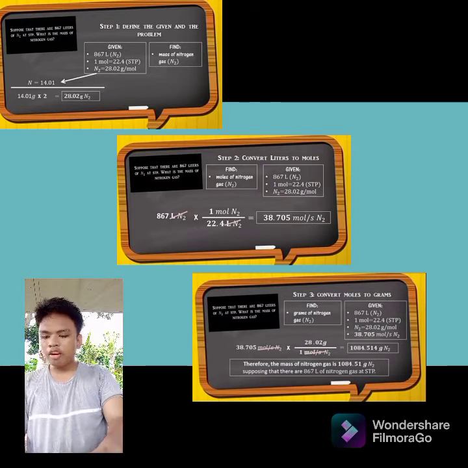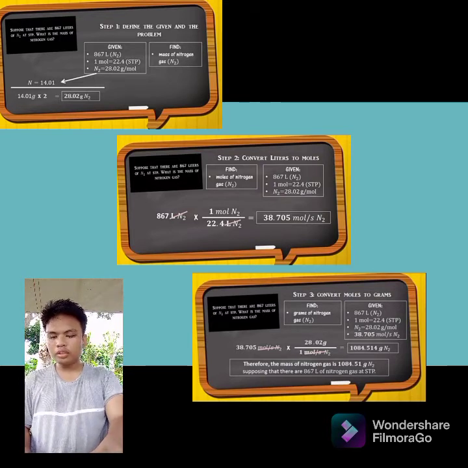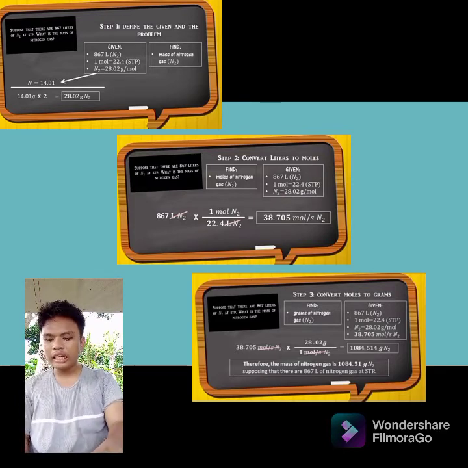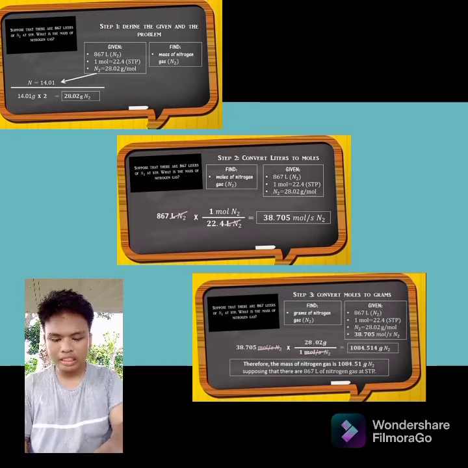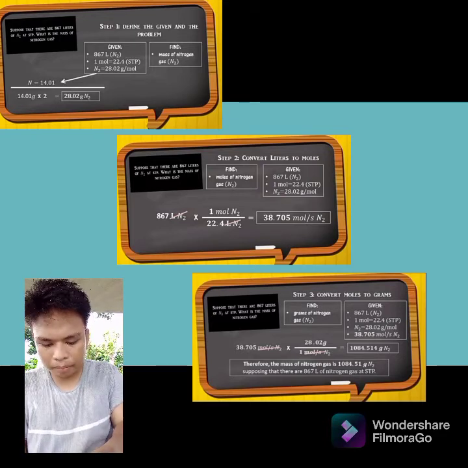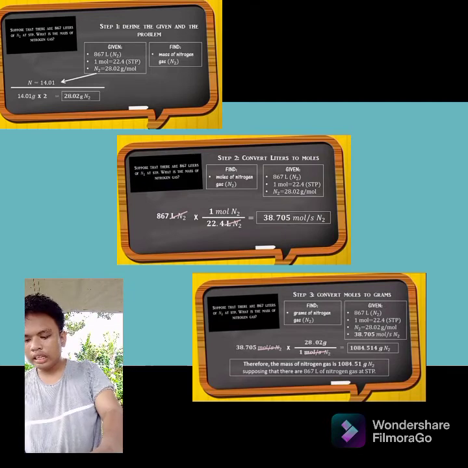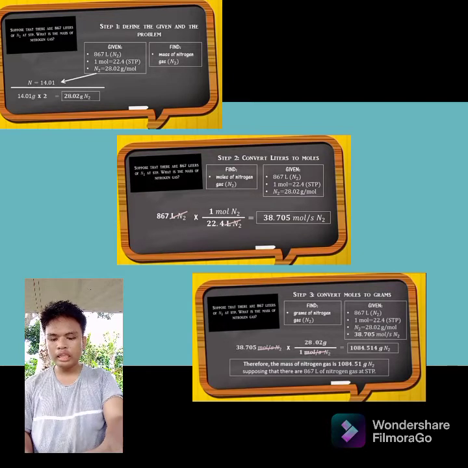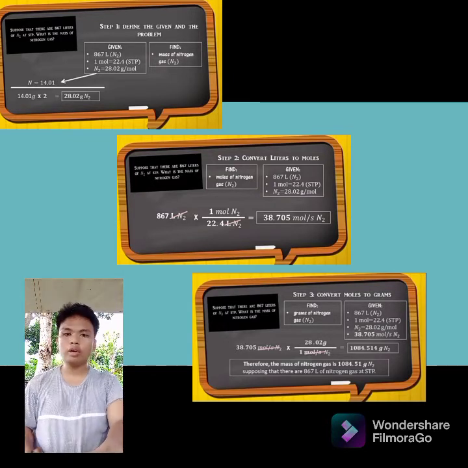Next, convert moles to grams for the third step. We also know that the molecular weight of the gas is equal to 28 grams per mole. So 38.705 moles of nitrogen gas times 28.02 grams per mole divided by 1 mole of nitrogen gas. Also, we need to cancel.